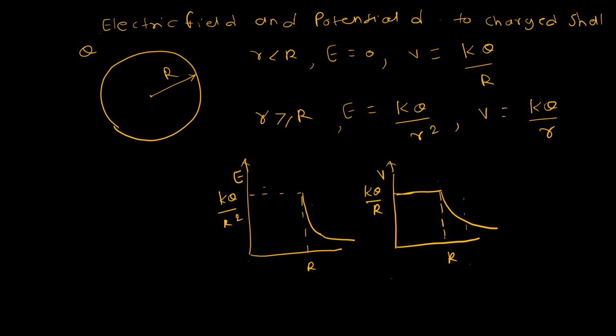Here you can see on the surface, when small r is equal to capital R, the electric field is kq upon R square and V is kq upon R. After that, whatever point we take, we have to take that distance in the denominator.